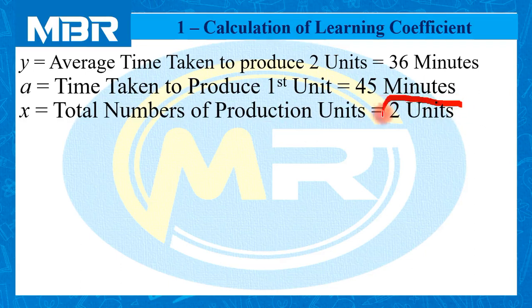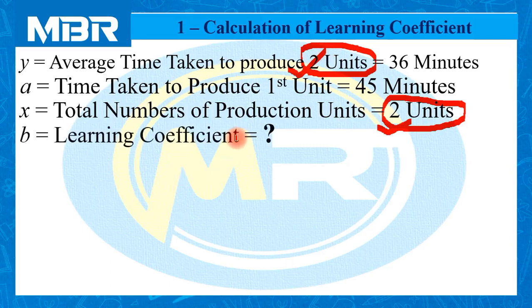Mind well, at the time of applying the formula, it is necessary to match these two items. Here, the average time taken to produce 2 units is given as 36 minutes, and we have produced 2 units, so we need to make sure that these two items are equal. And B, the learning coefficient, is not given to us.